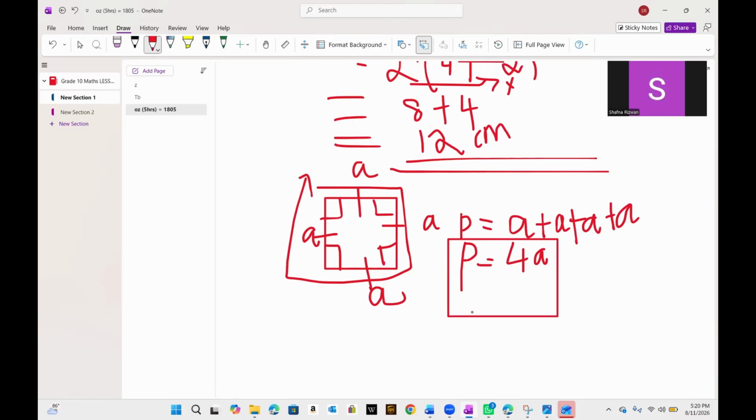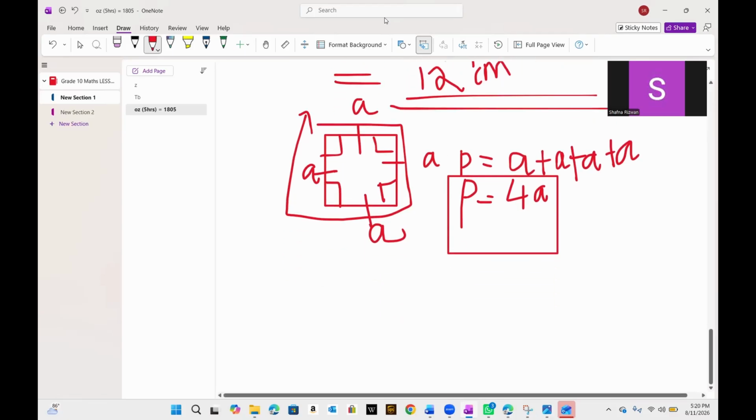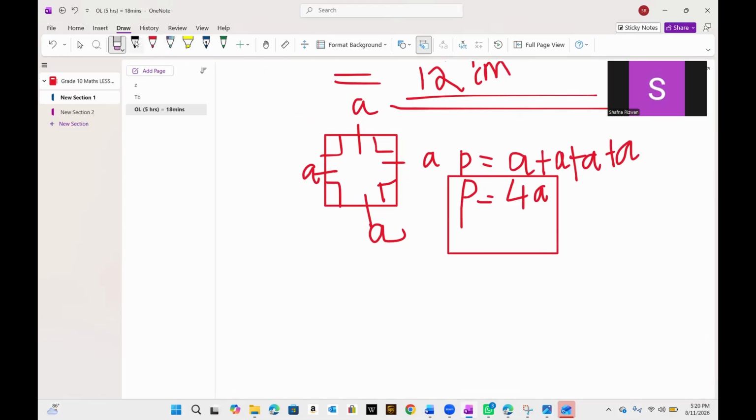Always remember that. Let's say in this square I am taking the length of a side as 4 centimeter. Then how much will I get here also? All the sides you will get around 4 centimeter. Here also 4 and 4. Then if I am going to do that using a formula, what can you do?